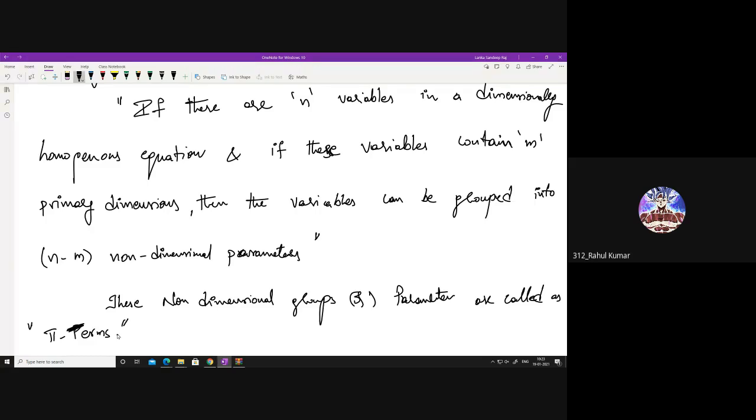So in a given case, there are n variables in a dimensionally homogeneous equation, and if these variables contain m primary dimensions, then these variables can be grouped into n minus m non-dimensional parameters. The meaning of this Buckingham's pi theorem statement you will understand when we solve a problem.